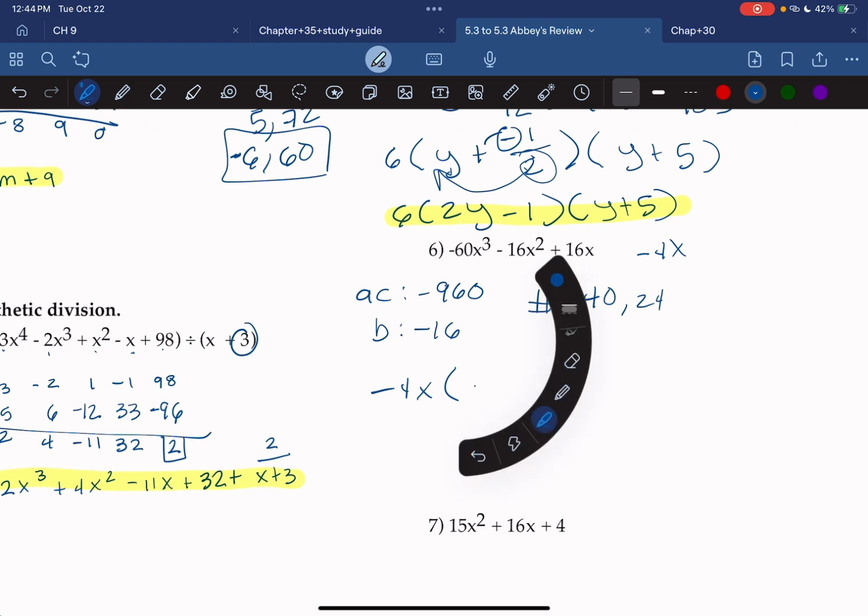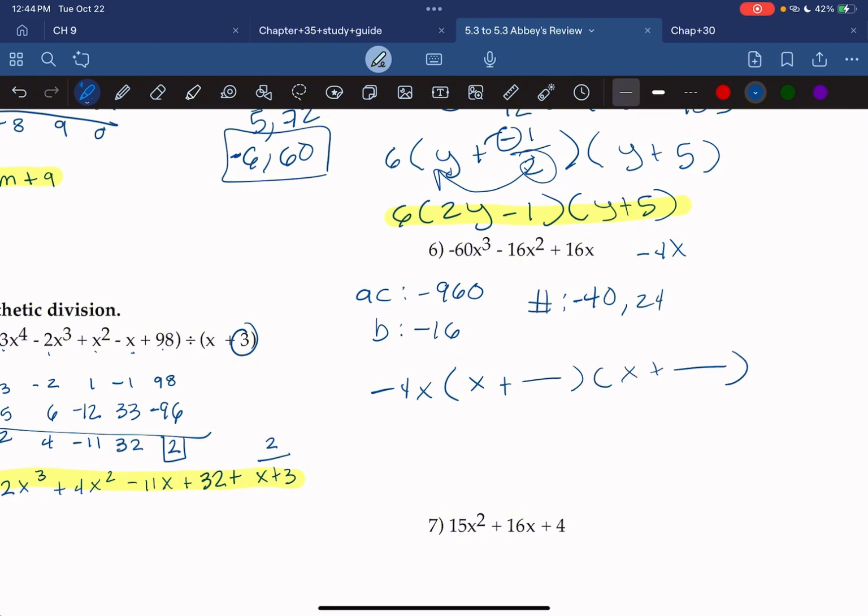Now we do x. So x plus blank over blank. X plus blank over blank. The numbers we found up top. Our a value on the bottom. Now we can simplify this. Remember, negative and negative makes a positive.